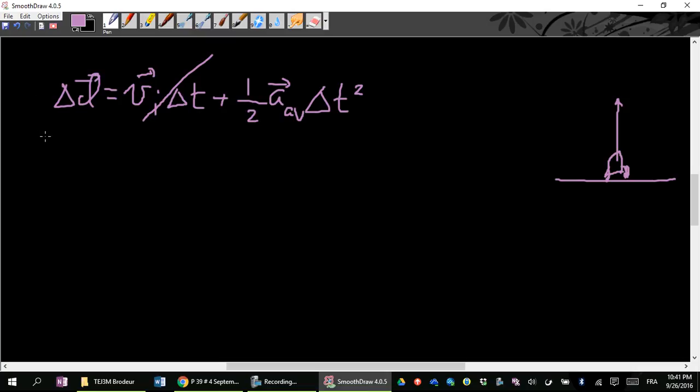So I'm left with 2 delta D, right? Just the 2 from here, and then divide, because it goes under, divide by delta T squared, and then I'm left with the average acceleration. Okay, well, it's pretty simple.